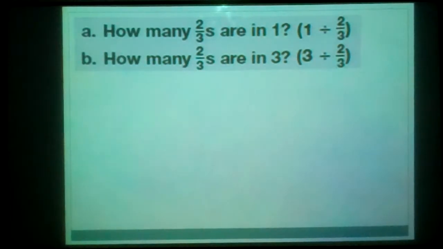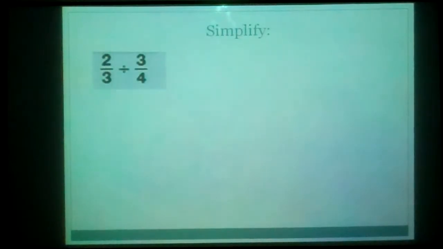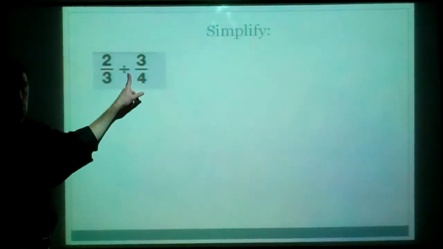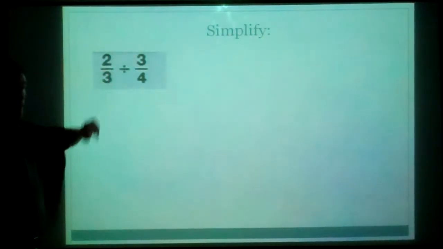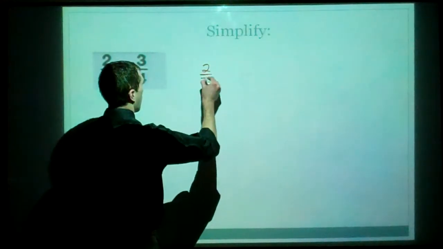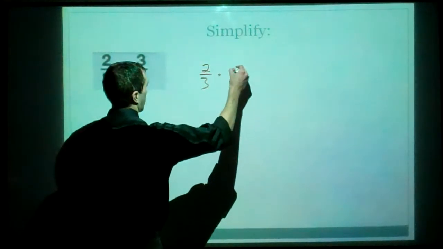Now let's look at a straight up example of just a problem like this. 2/3 divided by 3/4. Now we're dividing, so we have to follow our rule and take the reciprocal of the second fraction. So we're going to go 2/3 times 4/3.